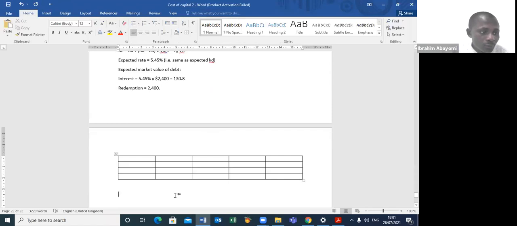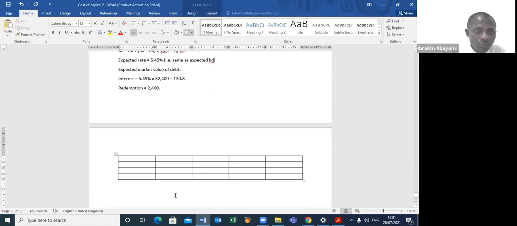So we have here: cash flow, DCF at what? At the cost of debt, which is 5.45%. Then we have the present value.